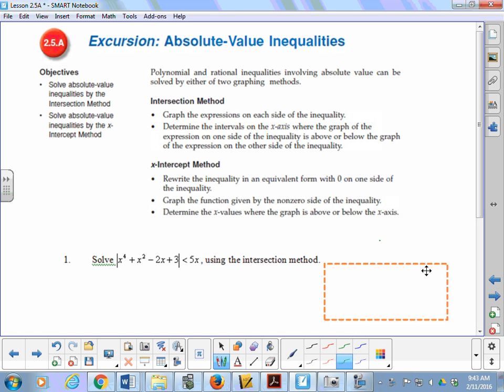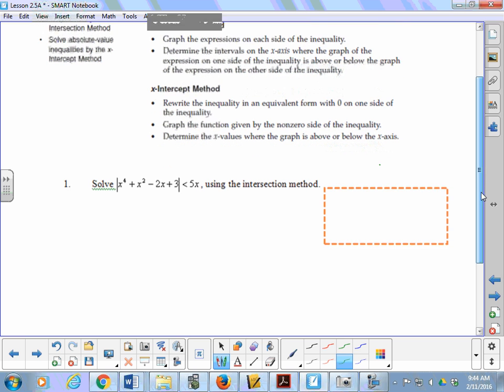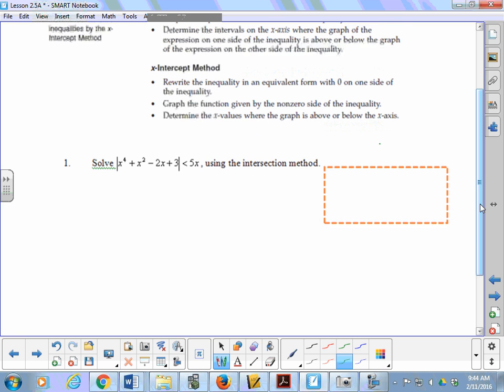Some of them can be done algebraically, some of them graphically. Anytime you have anything larger than a quadratic, graph. Make sure you graph.